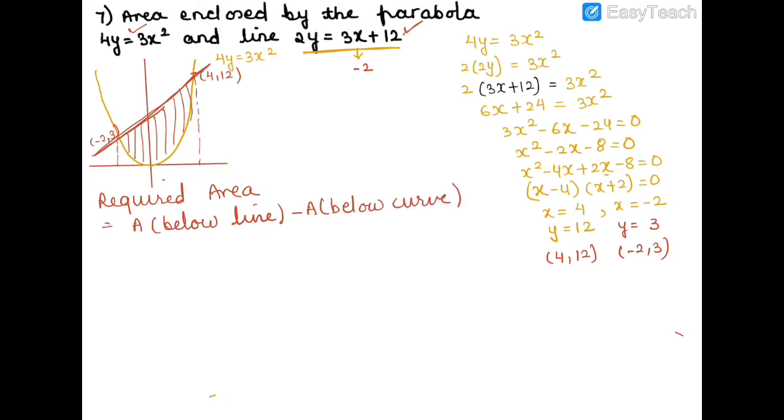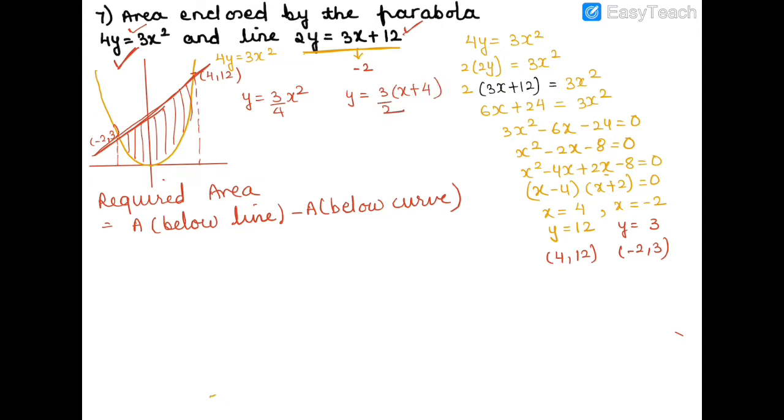Look here that I have dropped perpendicular on x-axis, तो limit भी x की लगेगी. And from here I get y is equal to 3 by 4 x square, ये पहला वाला. और दूसरा वाला, if I want to write something in y is equal to, और मैंने 3 को common ले लिया, x plus 4 divided by 2.